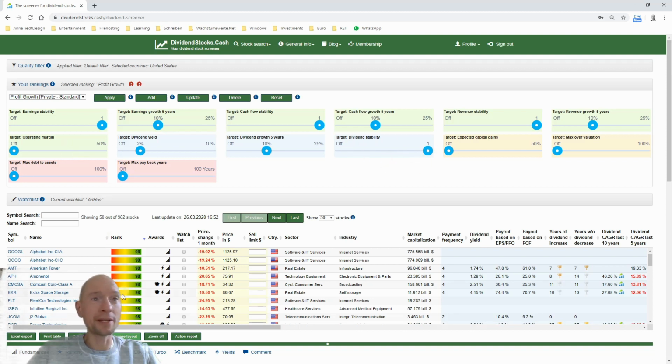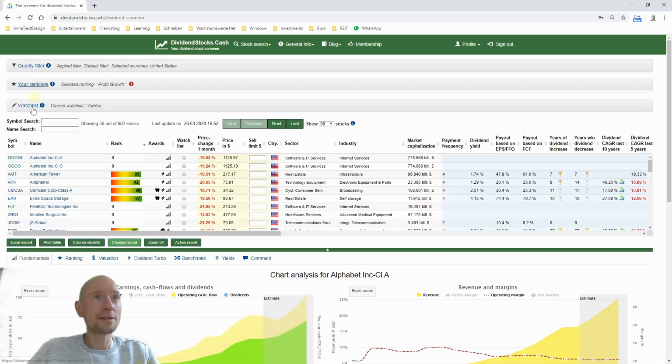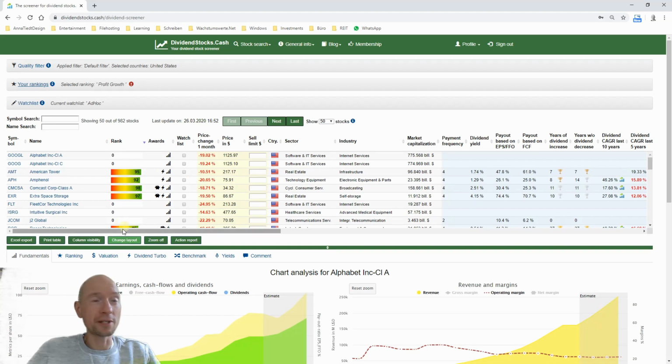We apply the ranking, and now you will see that there is a difference in the ranking here. For example, Alphabet. What happens with Alphabet? It gets a 0 ranking because Alphabet is not a dividend stock, which means that for you as a dividend investor, this company is not interesting at all.